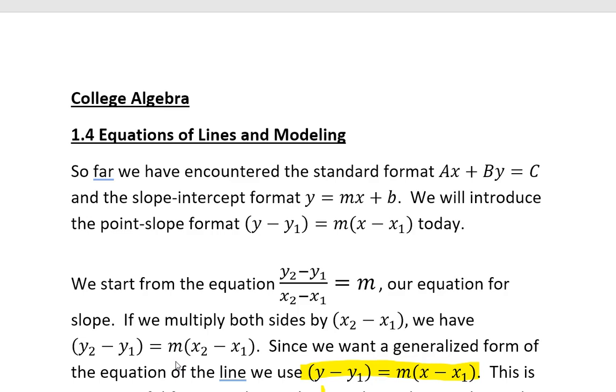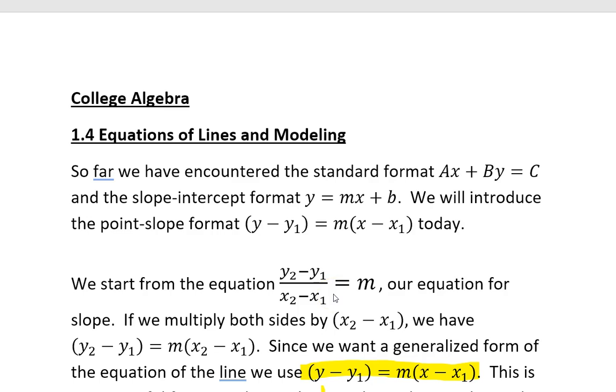Today we're going to talk about point-slope format, which is y minus y1 equals m times the quantity of x minus x1. So we're going to start with the equation for slope. This is pretty straightforward. We've talked about this to some significant degree.